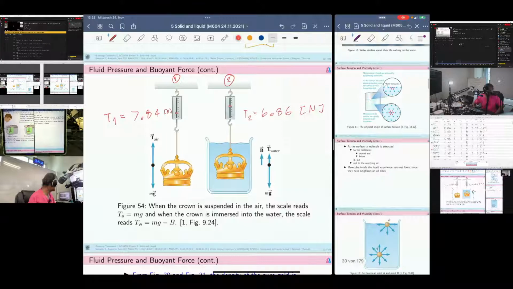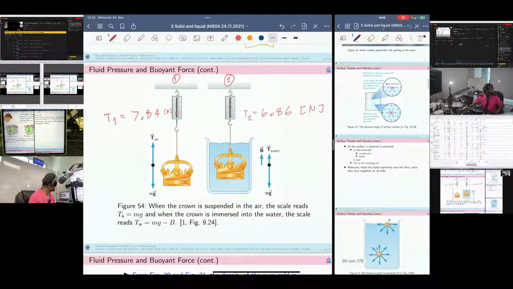So you need to compare. The theoretical value or the desired value of the density of this crown should be the same as the density of the gold, right? Because we want to prove whether this one is pure gold or not, right?